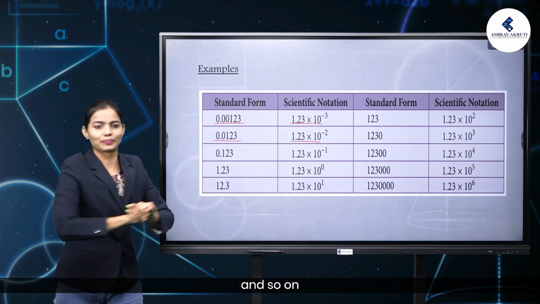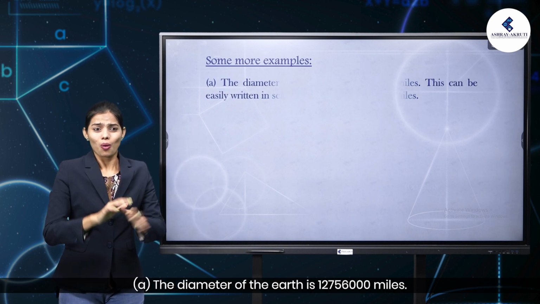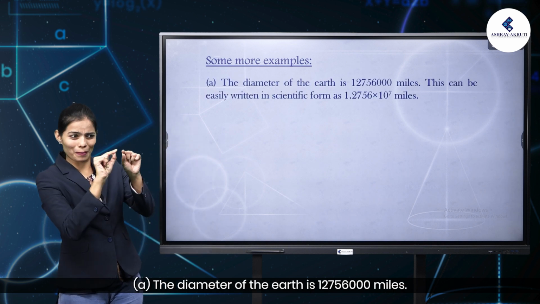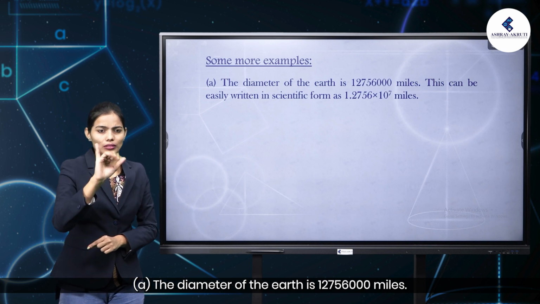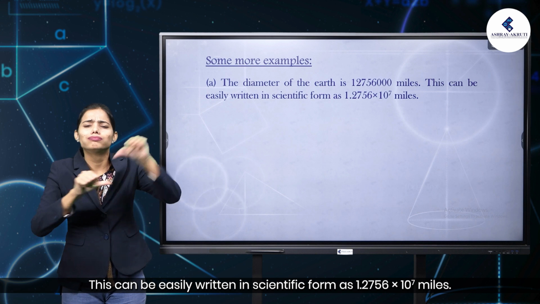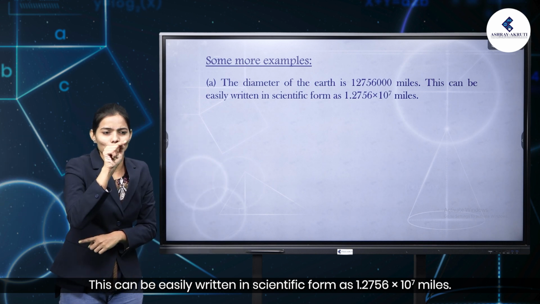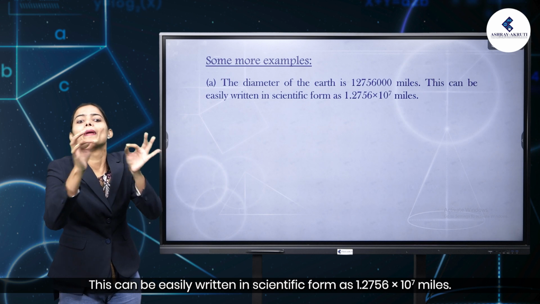Some more examples. The diameter of the Earth is 12,756,000 miles. This can be easily written in scientific form as 1.2756 into 10 power 7 miles.